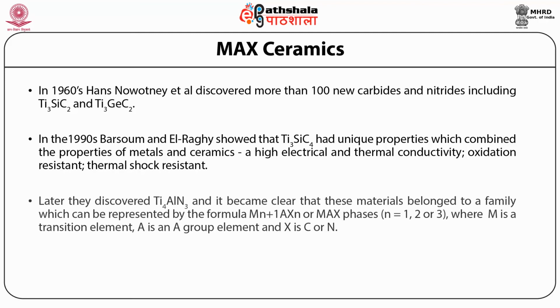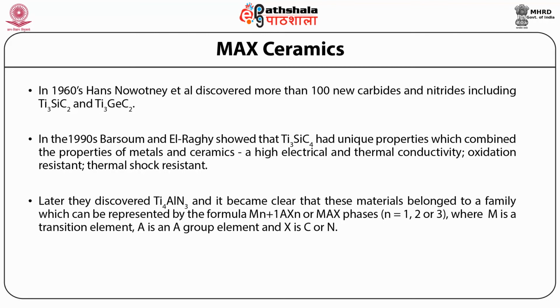Later, they discovered titanium aluminium nitride, that is Ti4AlN3, and it became clear that these materials belong to a family which can be represented by the formula Mn+1AXn, or MAX phases, where n is equal to 1, 2 or 3, M is a transition element, A is an A-group element and X is carbon or nitrogen.